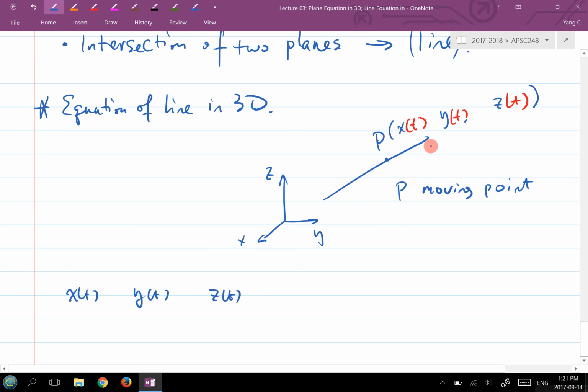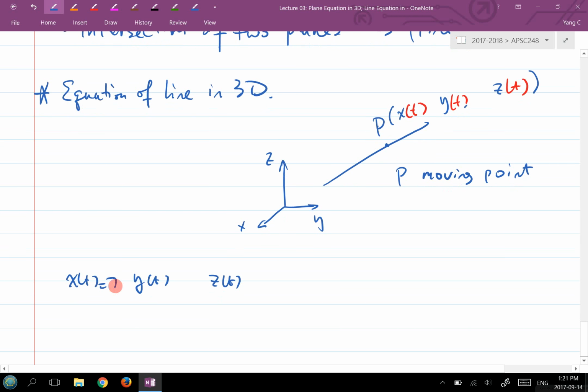So literally, instead of looking for one expression that relates everything, maybe I can rethink it as looking for three expressions: one for x, one for y, one for z, and together the x, y, z still describes a straight line.